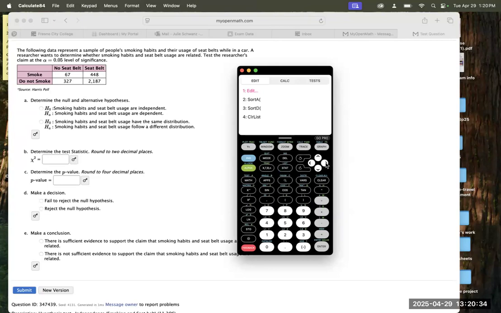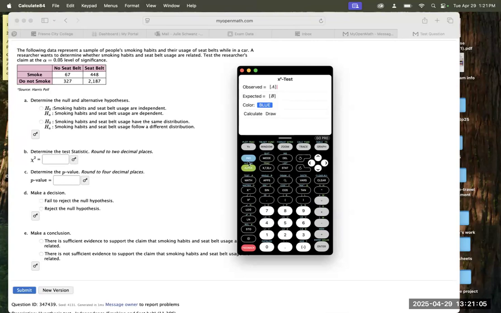Before I go further, sometimes it helps me to just go to the test that I'm going to be using, and then that helps me remember the next step, because it lets me know what variables I have to input. So I press enter and I notice that a matrix needs to be input for both the observed and the expected. A matrix is like a table of rows and columns.